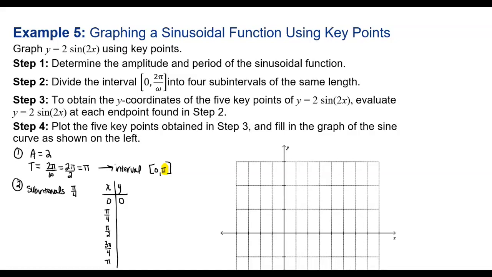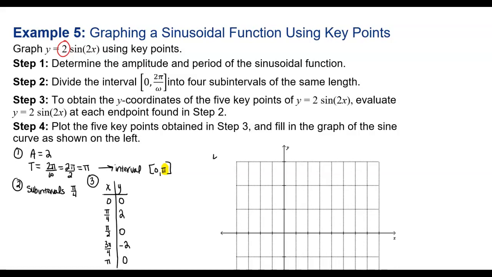And we know it has a vertical stretch of 2. So typically, using that subinterval, our next point would be 1, but because we have that stretch, it is 2. Then back to 0, then down to -2, and then back to 0. So that was step 3.